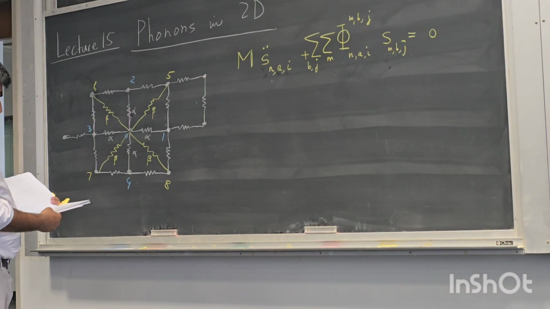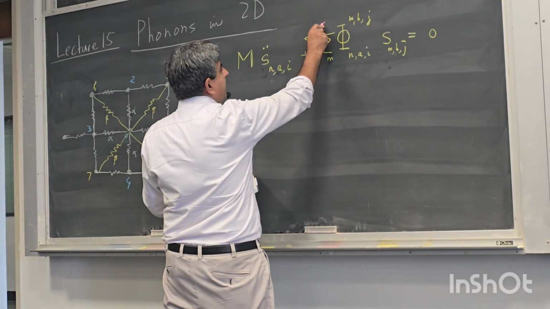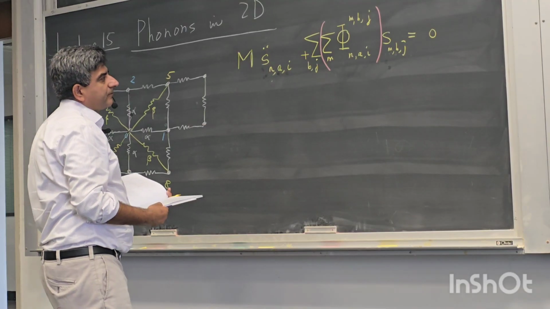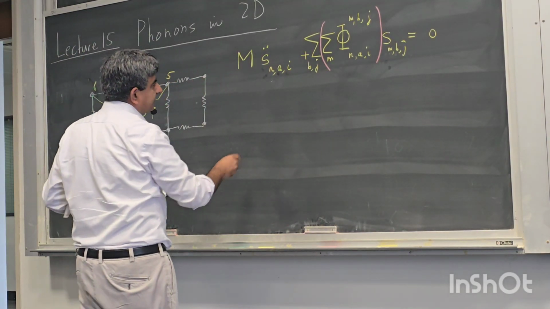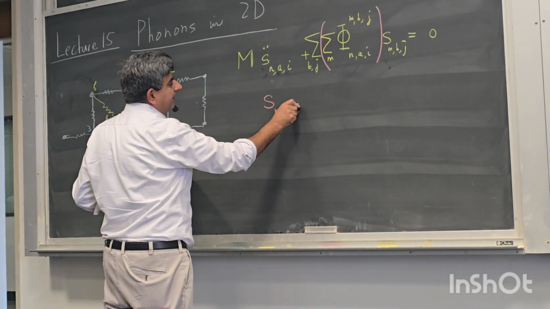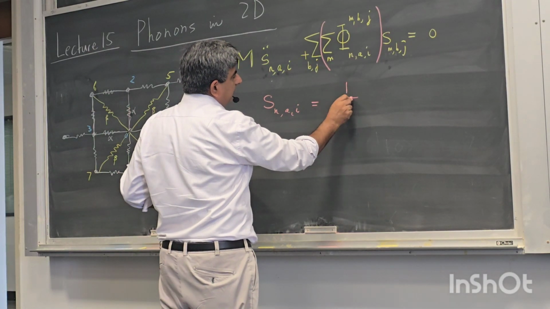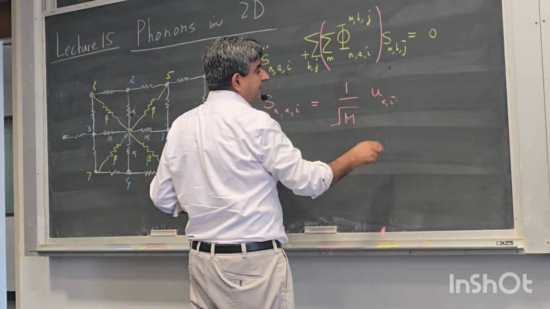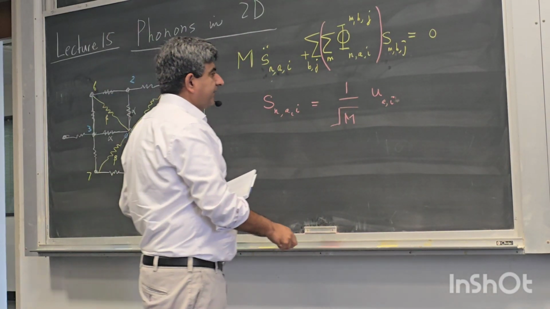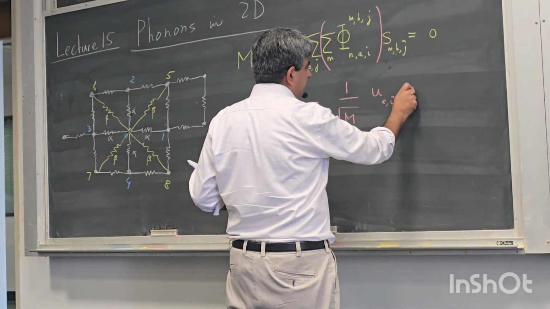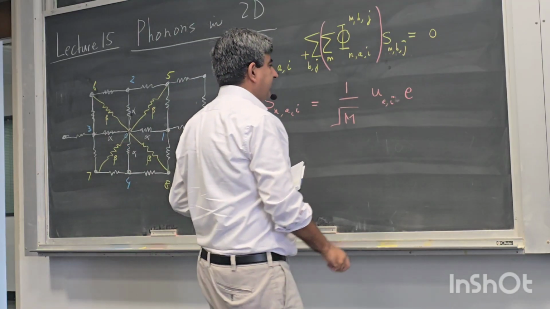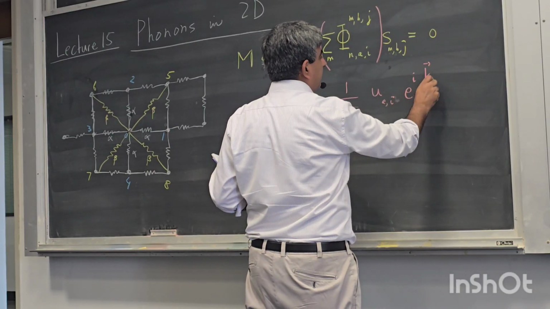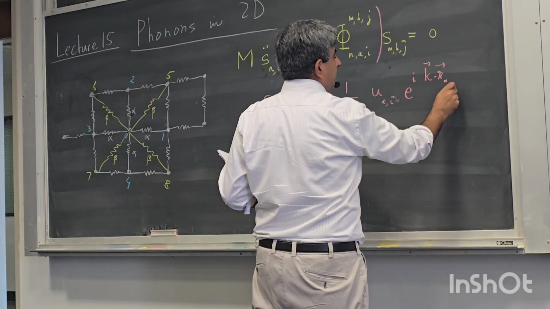And we've also seen that this term can be lumped together if I assume an ansatz s n A i equals 1 over the square root of m, some amplitude u A i, where the index n is suppressed, and a wave function, an exponential factor e raised to i k dot r n, e to the minus i omega t.